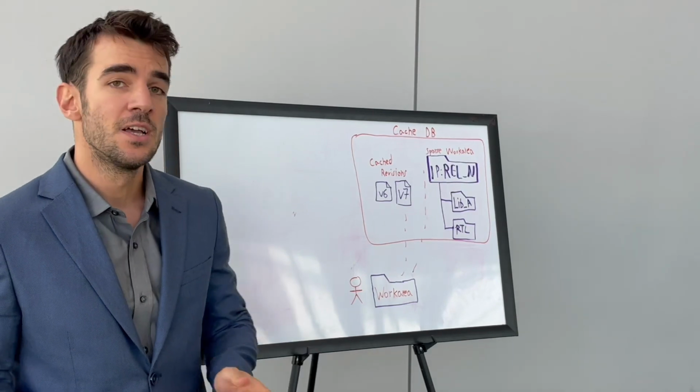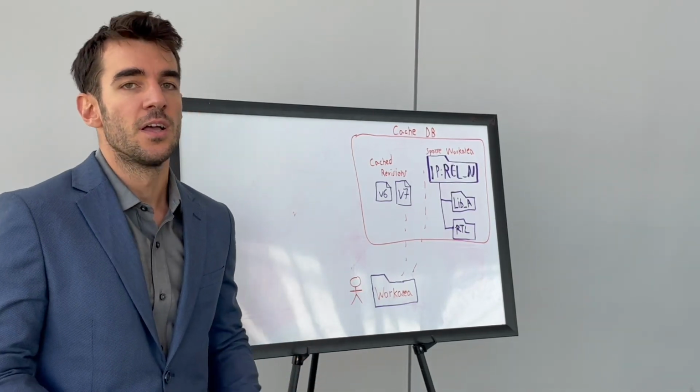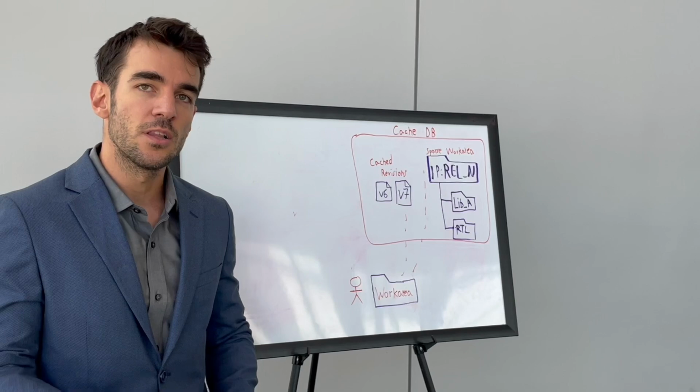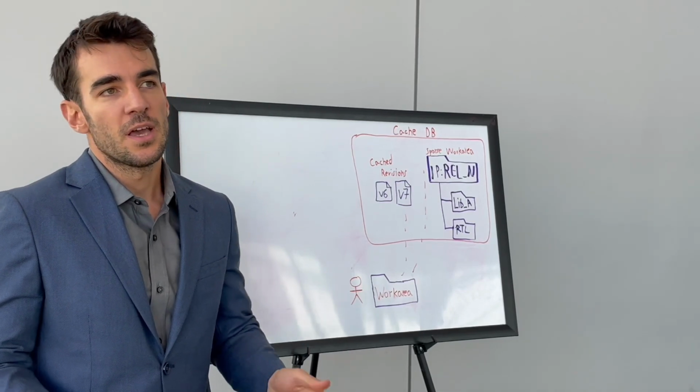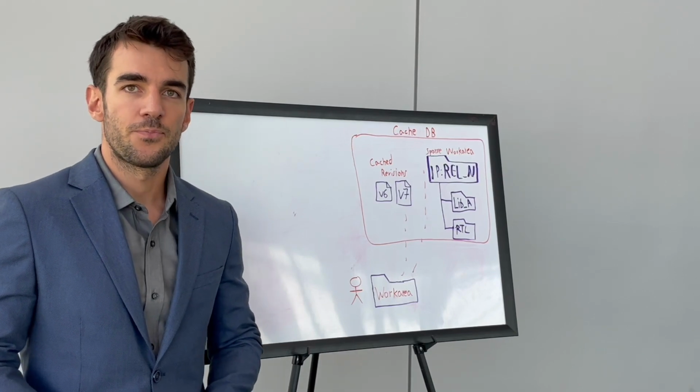So instead of having symbolic links from the work area to each individual file, we have a single symbolic link pointing to the top node of the IP, or it can be a subdirectory of the IP as well.